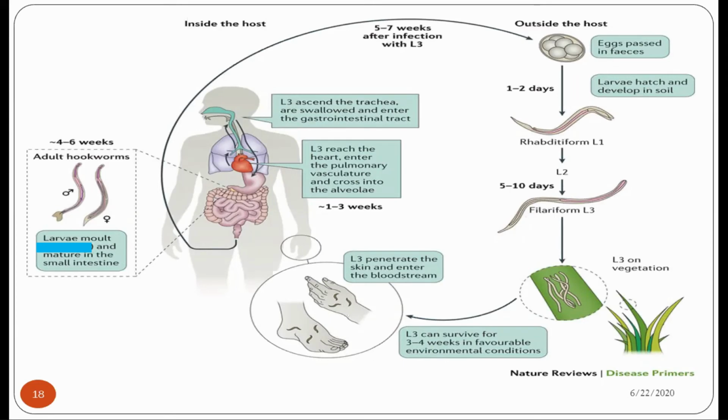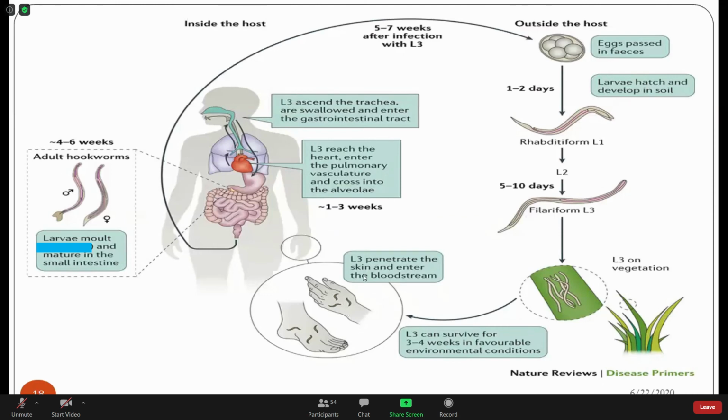Then this filariform larva penetrates the skin and enters the bloodstream. From the bloodstream, through the venous circulation, it gains access to the heart. From the right side of the heart, it goes to the pulmonary capillaries.